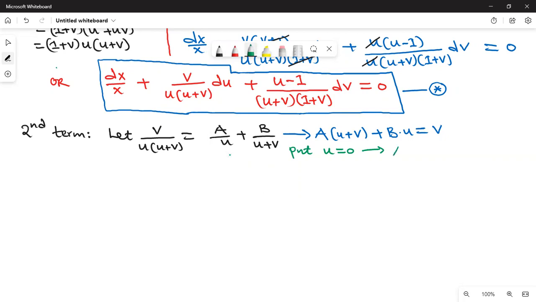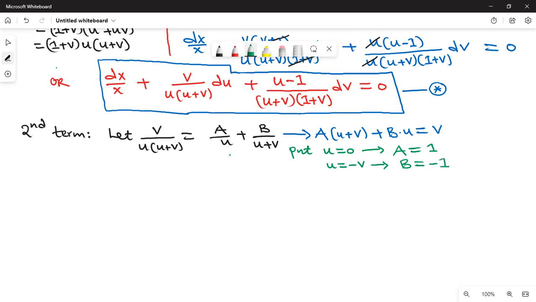So that will give us a is equal to 1. I also need to find b, so I can put u is equal to negative v. So the first term will vanish. What about the second term? Negative bv is equal to v. So when you divide, you get b is equal to negative 1.